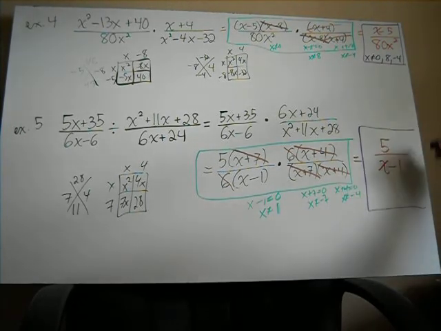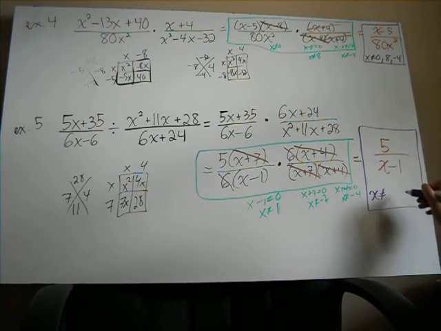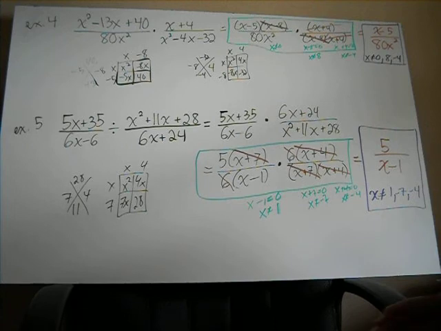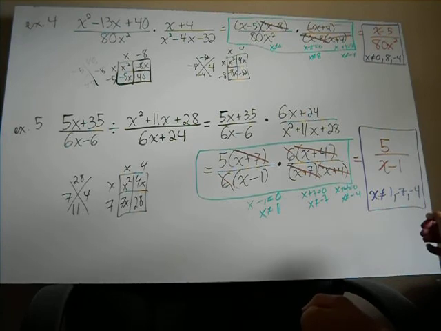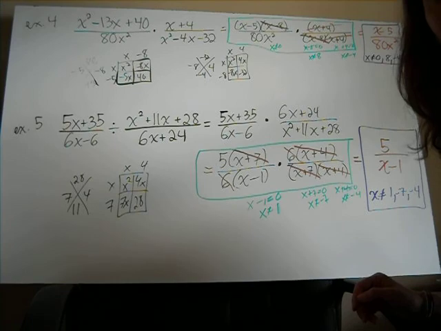So our final answer is 5 over x minus 1, but x could not have equaled 1, negative 7, and negative 4. And that is everything you need to know for Monday's lesson. This is pretty much everything with multiplying and dividing rational expressions, and I hope you understand this.